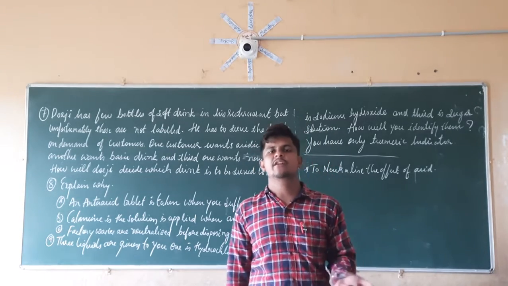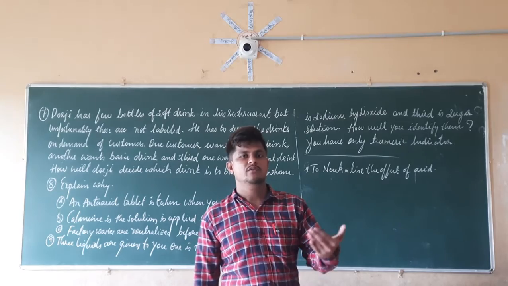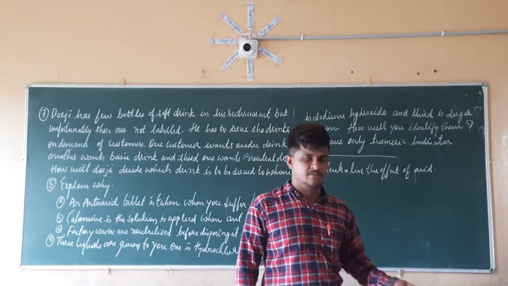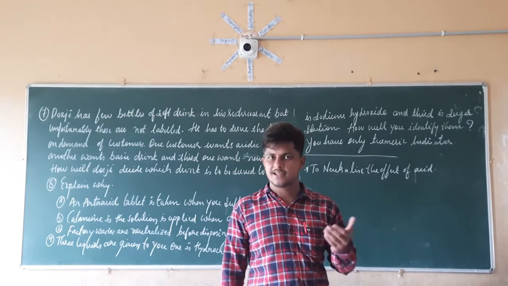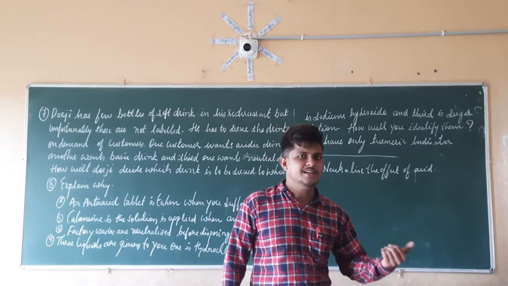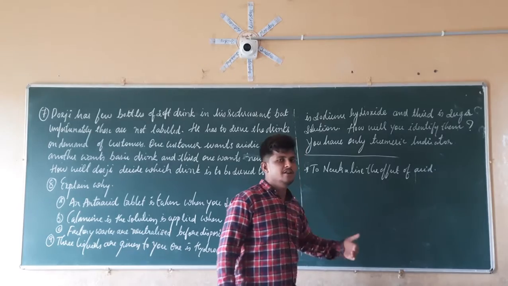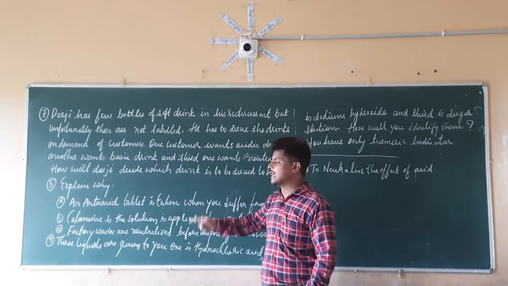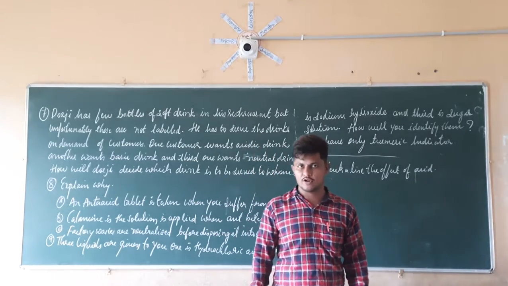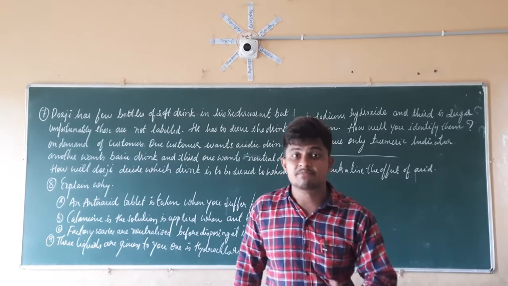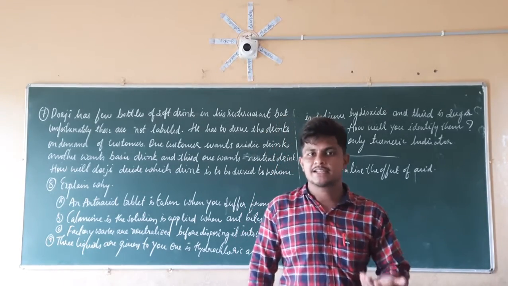So what we have to do here is neutralize the effect of that formic acid. We already know that a neutralization reaction occurs when an acid reacts with a base. So since formic acid is present there, we are going to use calamine, that is nothing but zinc carbonate. That calamine is basic in nature.